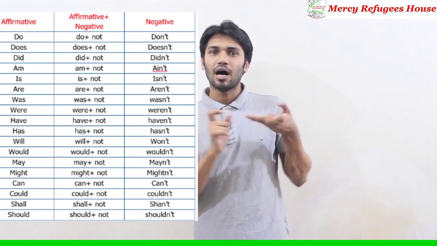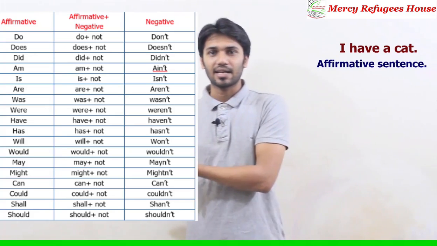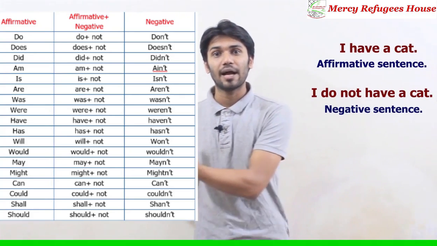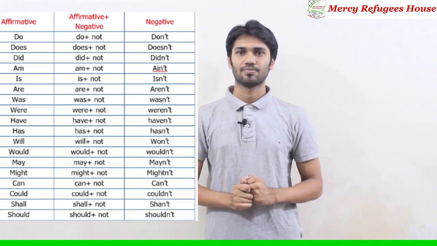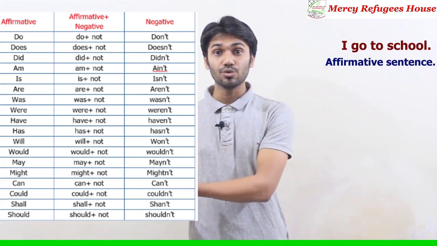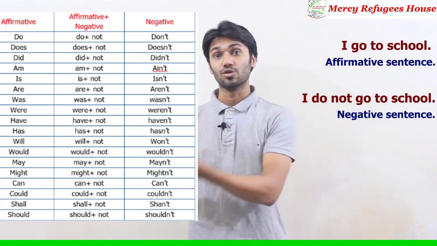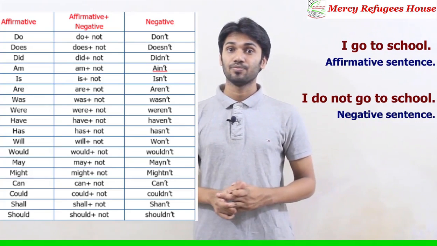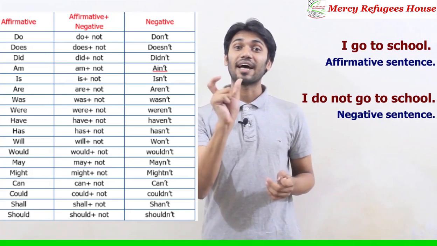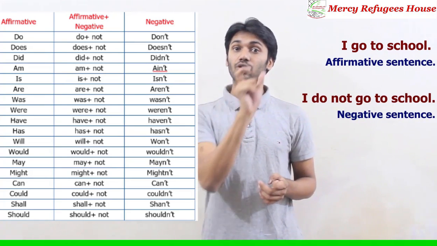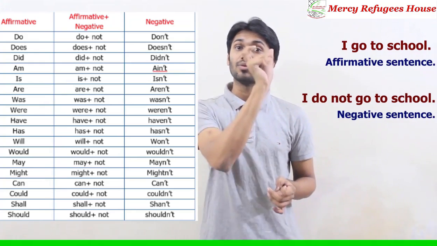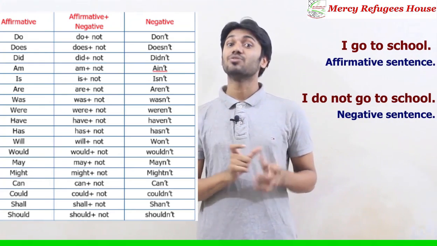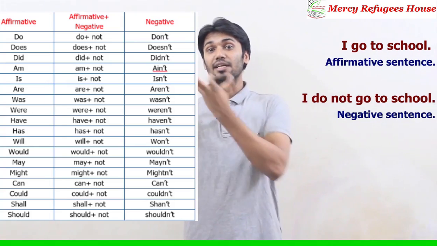I have a cat. I do not have a cat. I go to school. I do not go to school. See, we are adding a not with the positive or affirmative verb. If you do that, you will get a negative sentence.